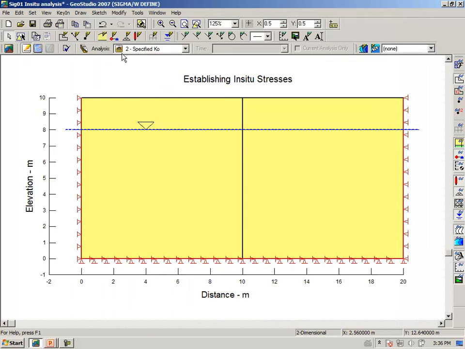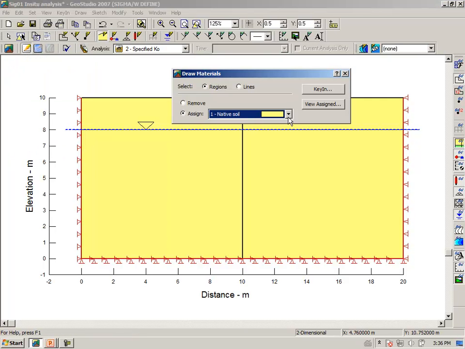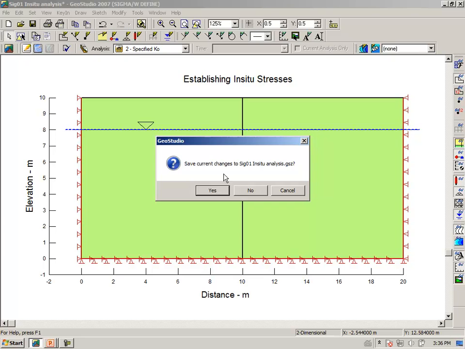We are in the second analysis. We can then say draw materials and selecting the specified K0, applying it to these sections, and we can then quickly reanalyze for another high K0 condition.